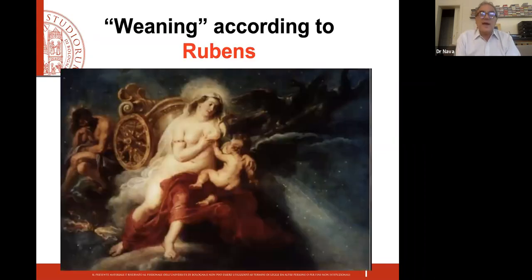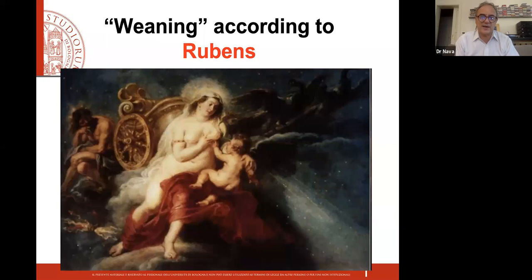This is weaning. Most of you, when you hear the word weaning, refer to weaning from mechanical ventilation. But as a matter of fact, weaning is also another, I would say, more sophisticated and delicate word. Weaning is what Rubens described in a very classical way, right?